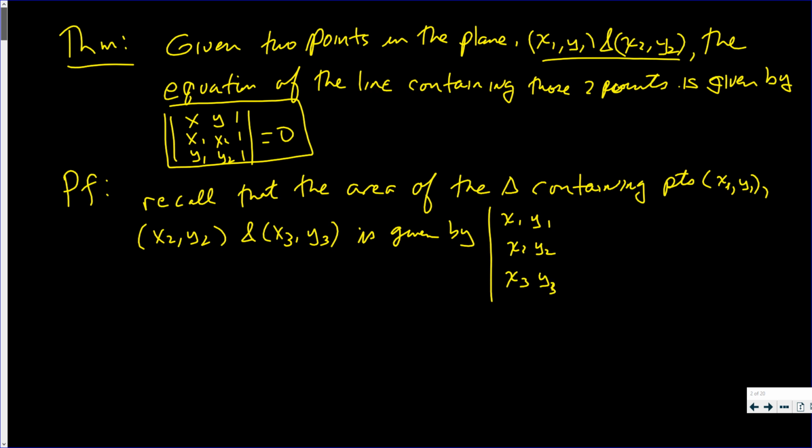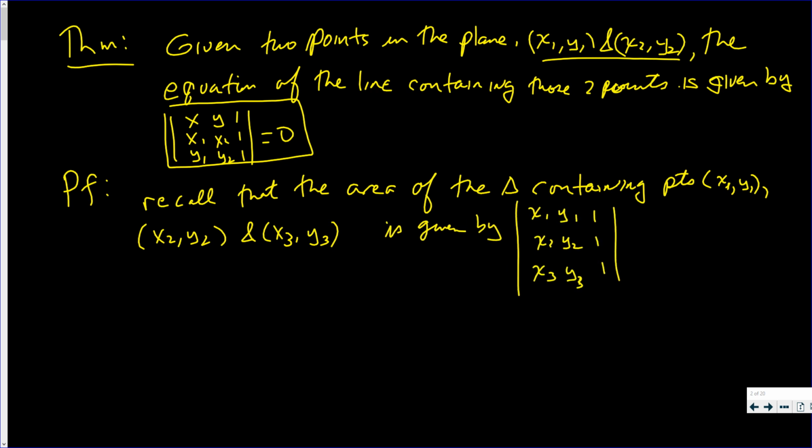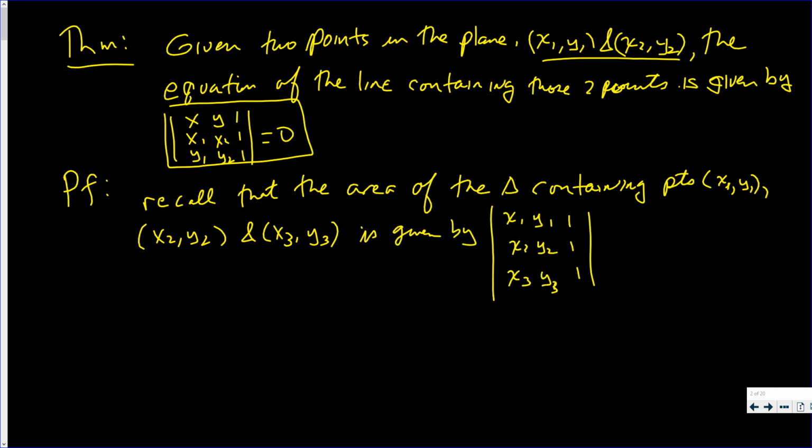There's 3 points. And then all 1s. Is given by 1/2 of that determinant, the absolute value of that.